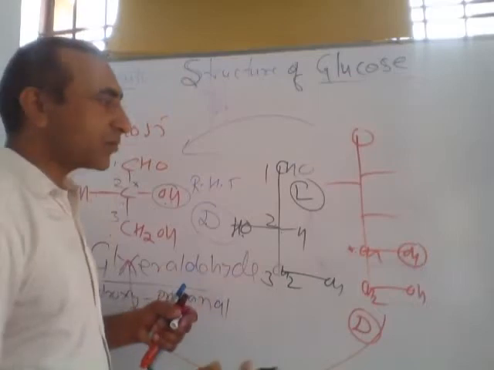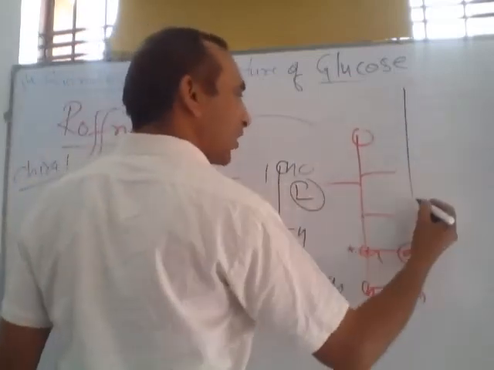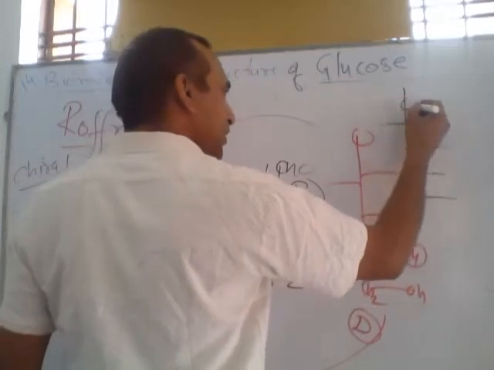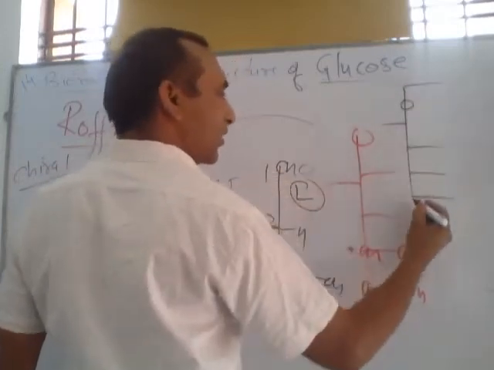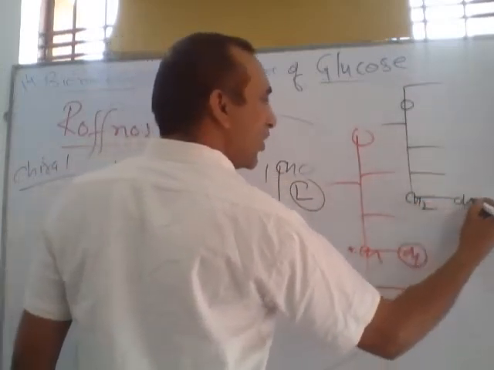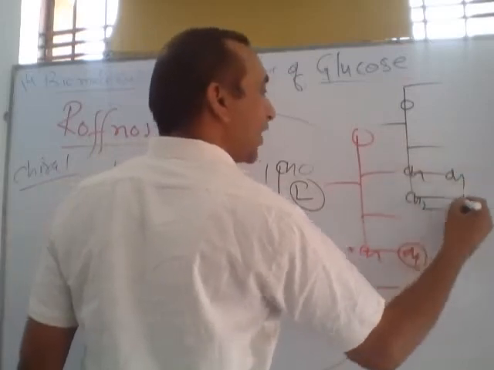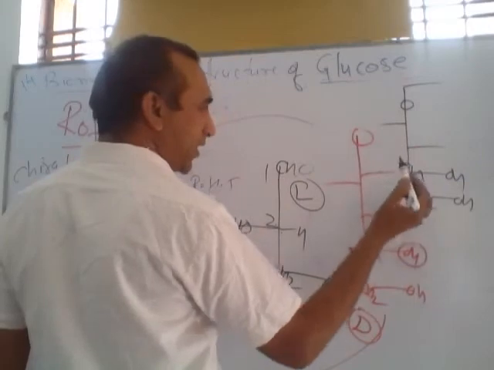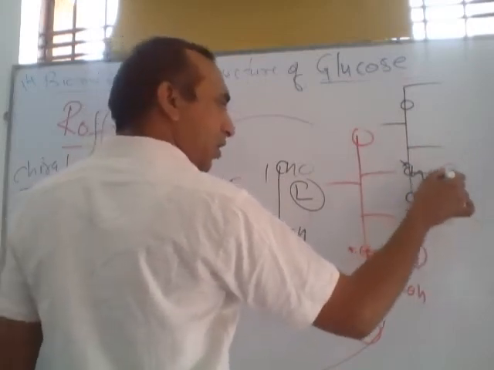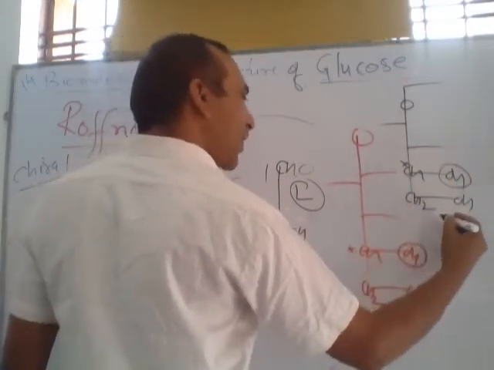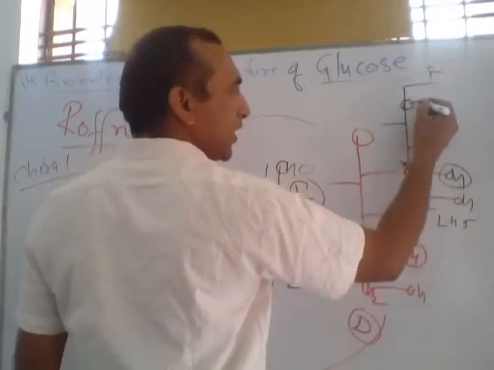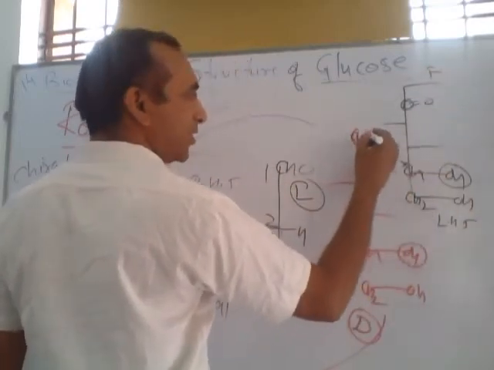Similarly for fructose, in the case of fructose, 1, 2, 3, 4, 5 and 6. CH2OH, CHOH. Again, this is the second last carbon. In the second last carbon, the OH configuration is again on the right hand side. This one is fructose because here is a C double bond, while there is CHO.